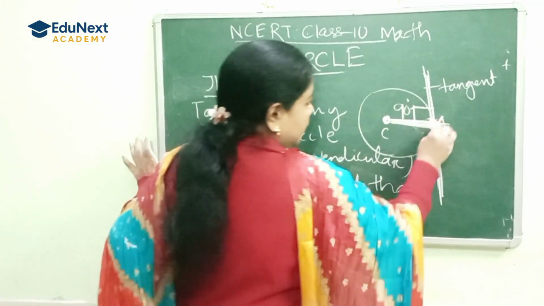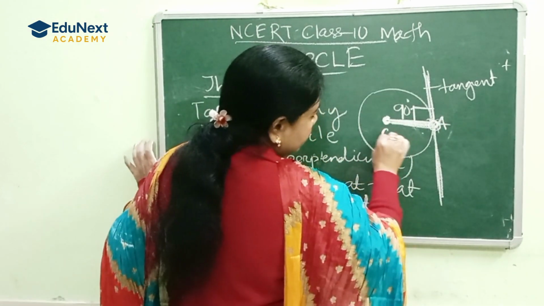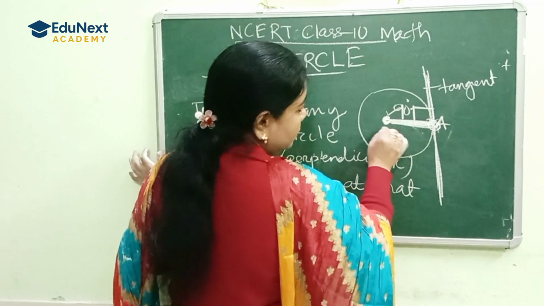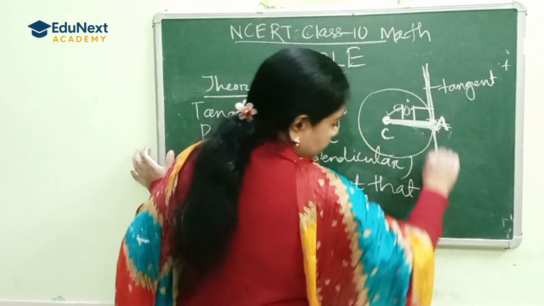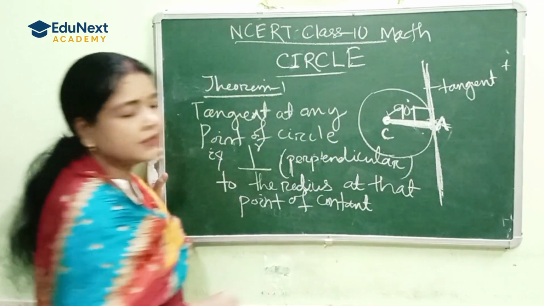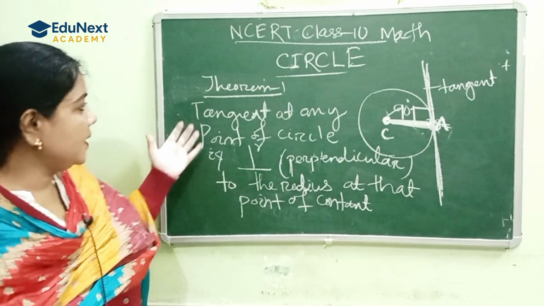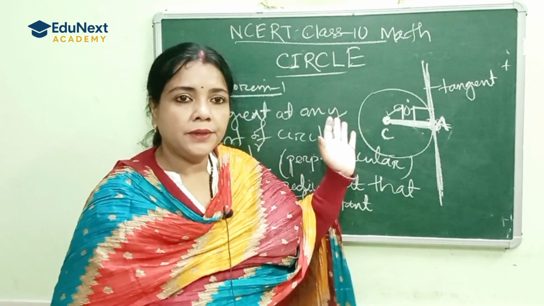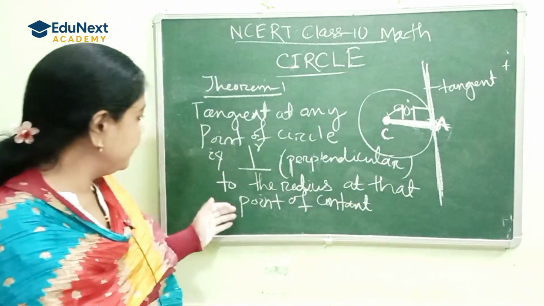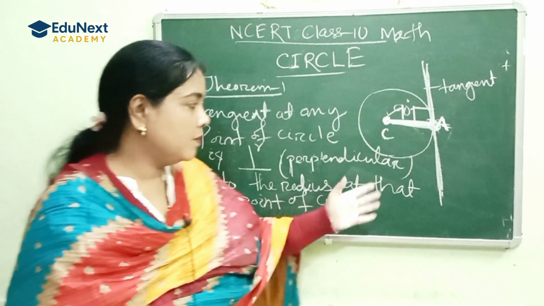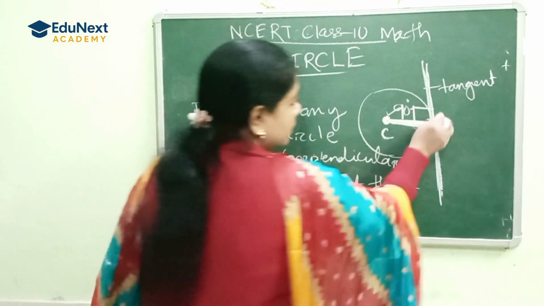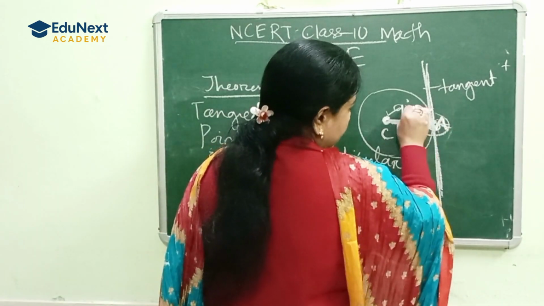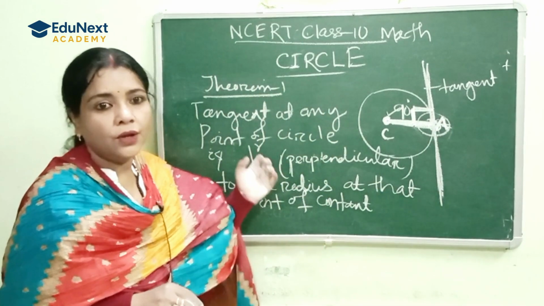Any point here, radius C from A, the line touching between C and A we have taken as a tangent. That's why the tangent at any point on the circle is perpendicular to the radius at that point of contact. So here is the point of contact. That means the angle between the tangent and the radius is 90 degrees, or perpendicular.